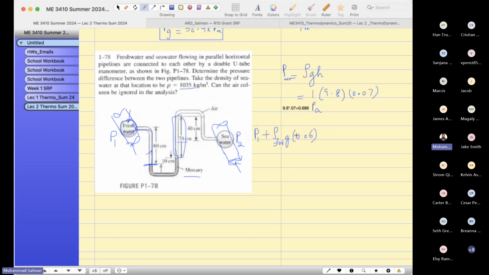0.06. Why am I writing 0.06? Because 60 divided by 1000 is 0.06.